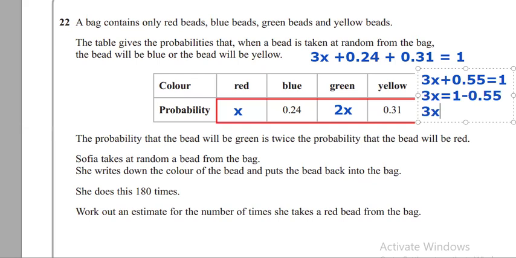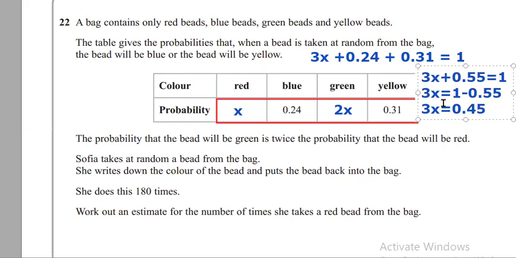So 3x will equal 0.45, like this. Now we want to find x, so we divide by 3. So x will equal 0.45 divided by 3, and the answer is 0.15. So x will equal 0.15.